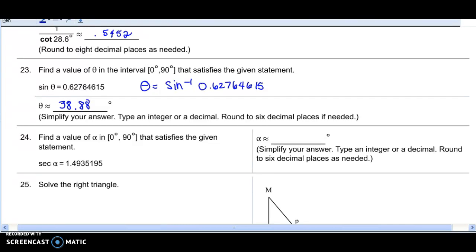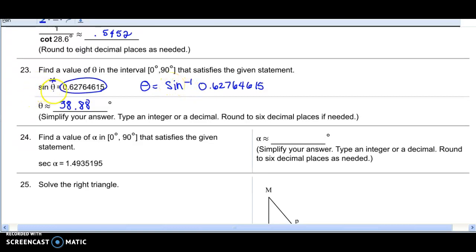Oh, in the previous problems, we knew theta, so we just hit tangent of some theta. But in this case, we want to find a theta such that when I take sine of that theta, I get this result. That's when we use the inverse. So when you're trying to find theta and you're dealing with decimal approximations on your calculator, you have to use the inverse function.